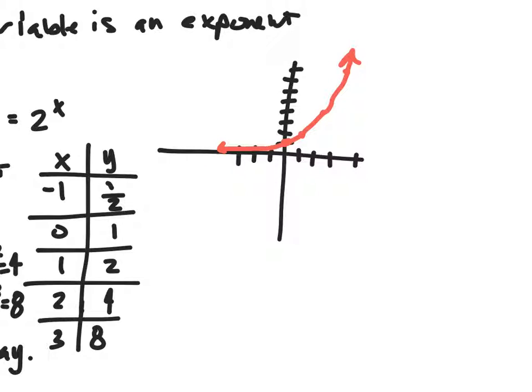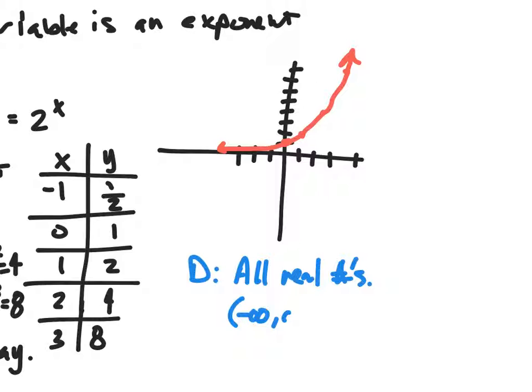If I wanted to talk about the domain and range of this graph, the domain is going to be all real numbers. In interval notation, that would go from negative infinity to positive infinity. For the range, all these y values are going to be above the x-axis.